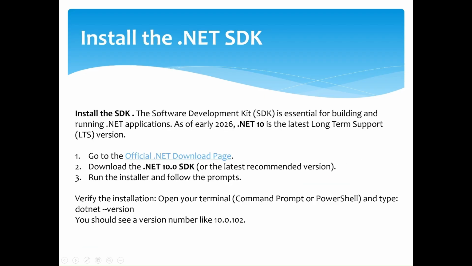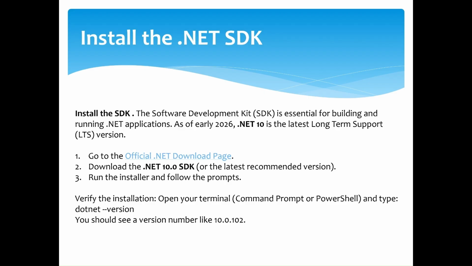Let's get started. First, let's look at how to install the .NET SDK. As of early 2026, .NET 10 is the latest long-term support (LTS) version which is available today. To start your .NET Web API development, go to the official .NET download page, download the .NET 10 SDK, run the installer, and then you are good to go and start developing your web APIs.